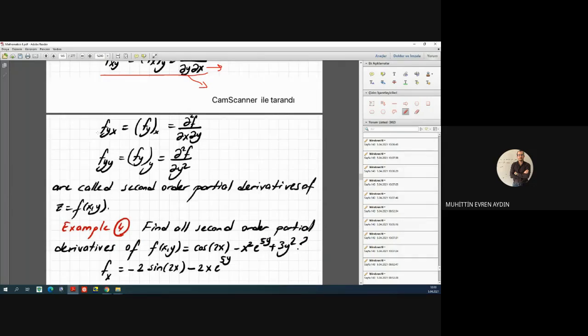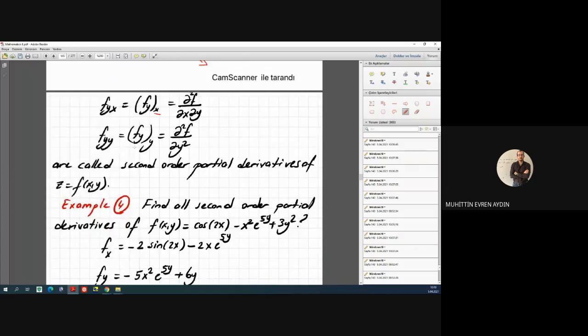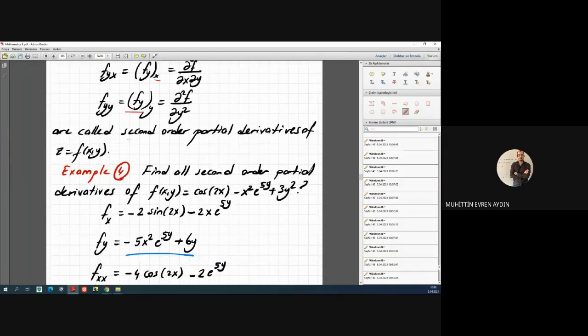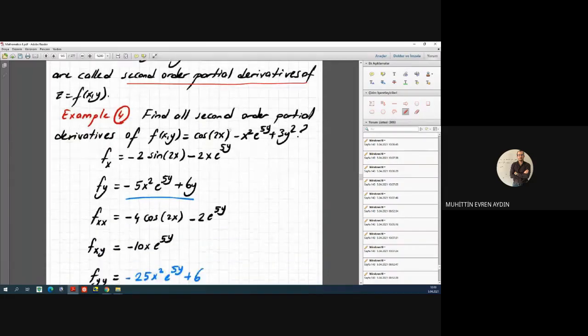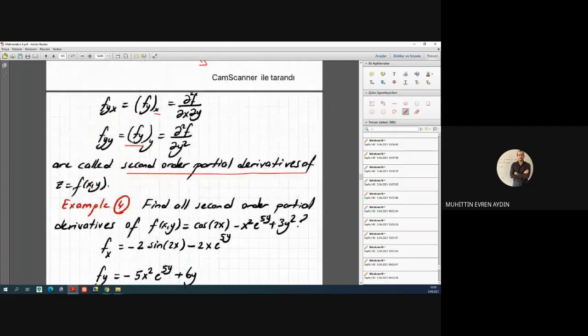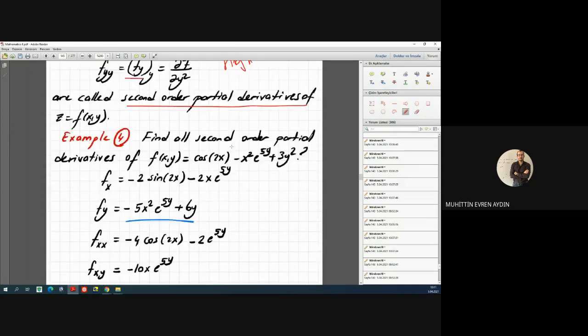In the symmetric case, first the derivative with respect to y and next with respect to x, and successively derivatives with respect to y. Those are called second order partial derivatives. And in a similar way, you can define higher order derivatives.